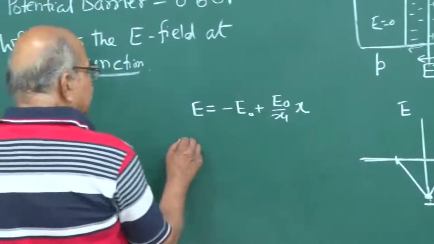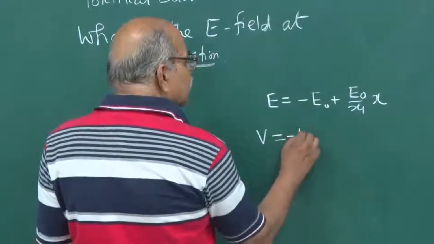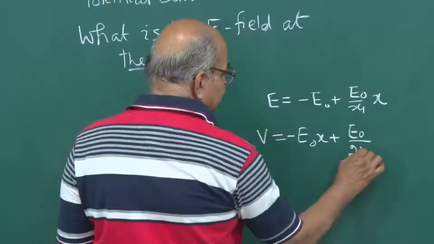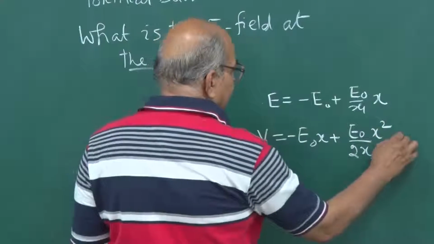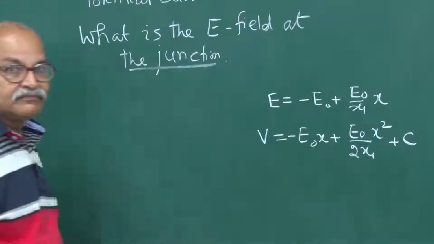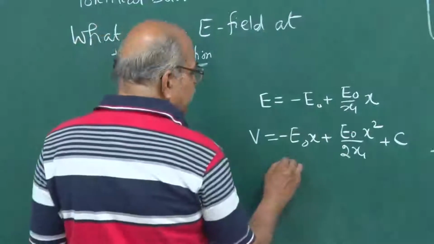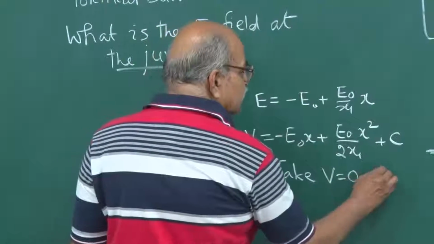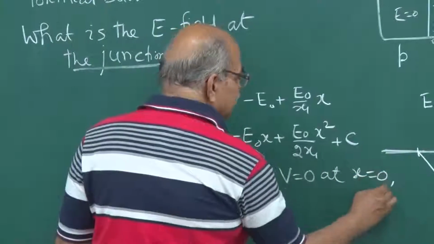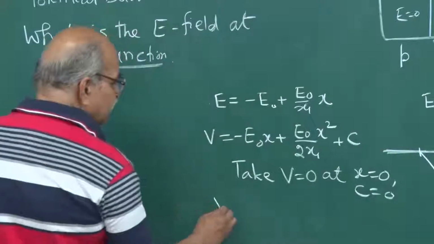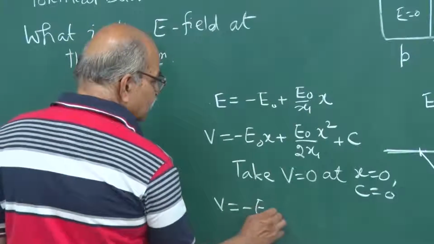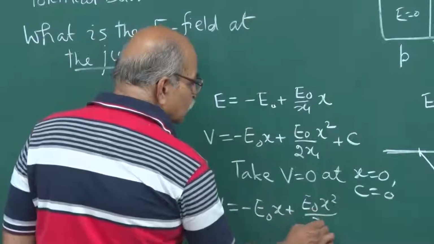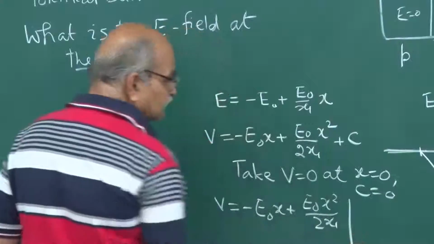Now you can integrate to get V. V will be minus E naught x plus E naught over 2 x1 times x squared, plus some constant. You can take V to be 0 at x equal to 0, this is our choice, and that will make c equal to 0. So V is equal to minus E naught x plus E naught x squared over 2 x1.